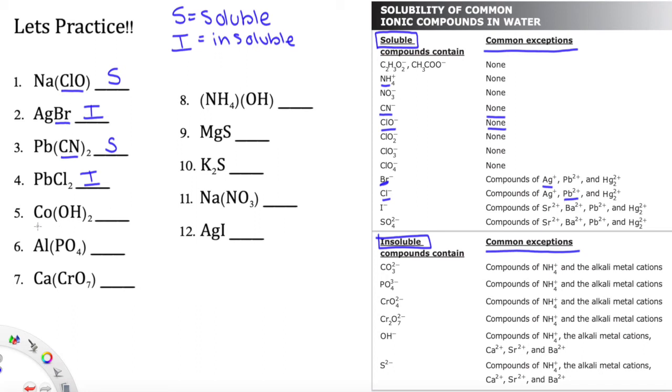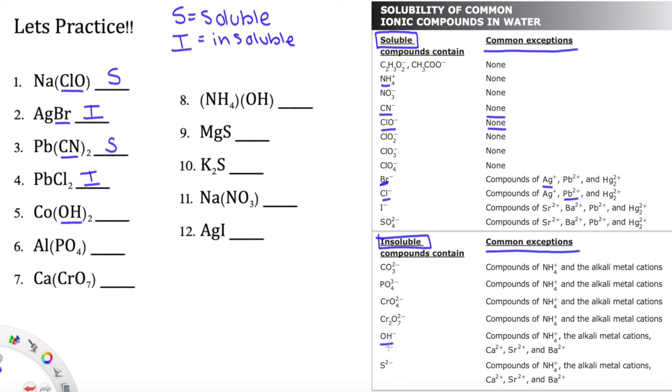All right, cobalt hydroxide. So cobalt is a metal, it's positively charged. Hydroxide is our negatively charged polyatomic ion. I'm going to start at the top, and I'm going to work my way all the way down to the bottom. There's hydroxide right there.